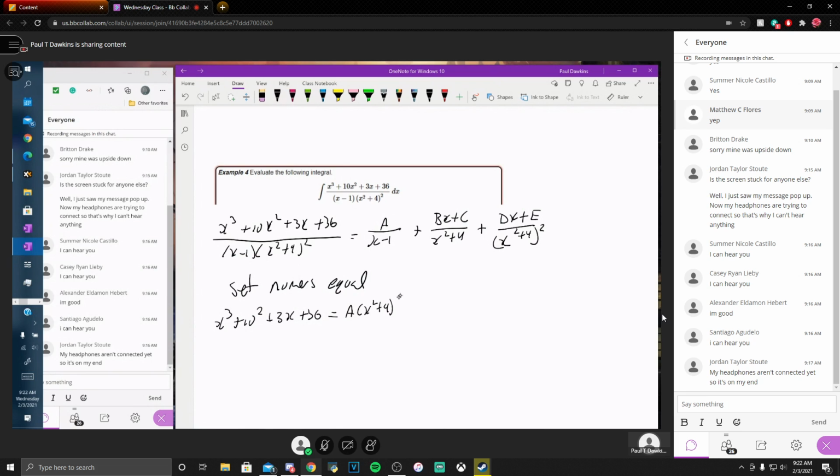So there it is, x squared plus 4 squared. Bx plus c times what's missing? Well, I'm missing the x minus 1. And I'm missing one of the x squared plus 4s. So there we go.